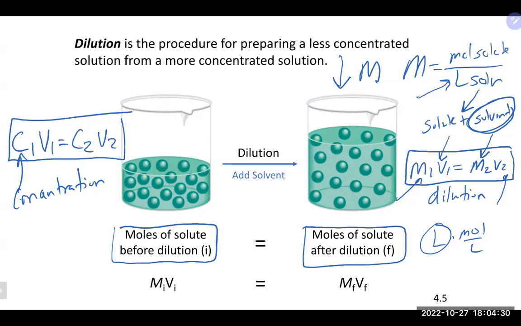You can use some other type of concentration like percent mass or percent volume on each side, as long as they're the same sort of concentration unit on each side. But most people go with M1V1 equals M2V2 because most of the time our solutions are in molarity. So that's the most common one that we use. But technically speaking, it does not necessarily have to be molarity on both sides. It just needs to be the same sort of concentration unit on both sides.